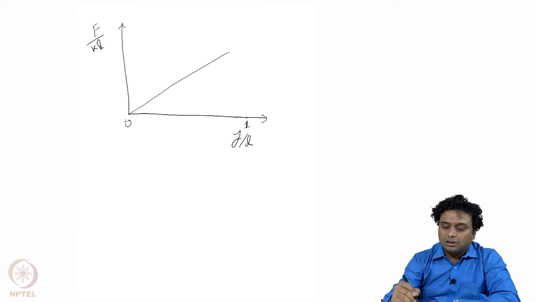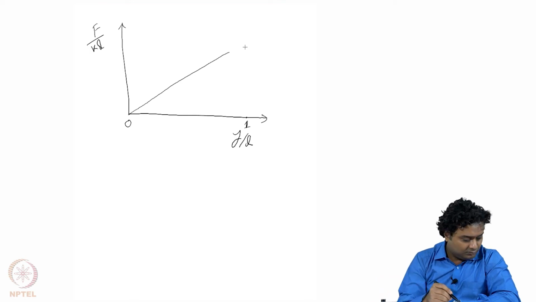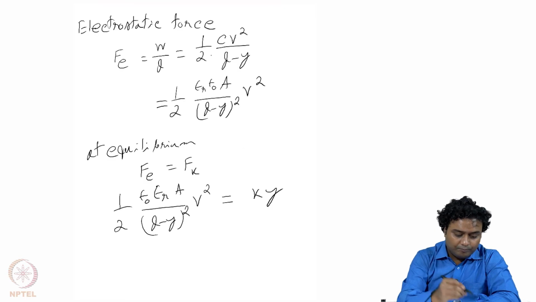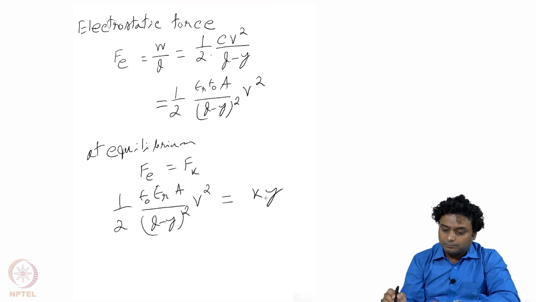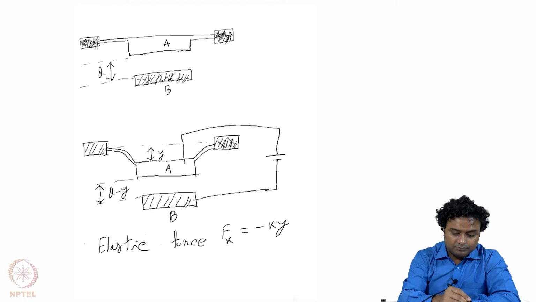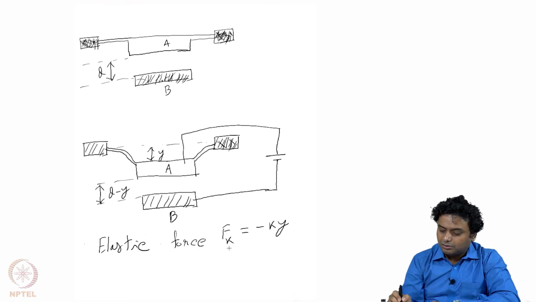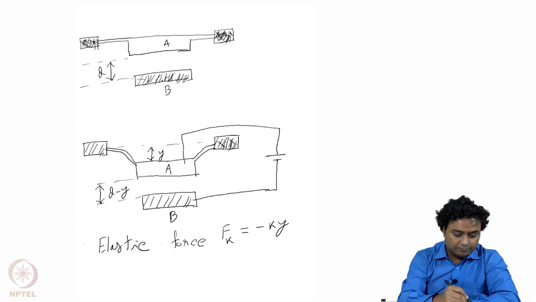We can draw this as the elastic force, and it will go through 0, 0, because the elastic force is F equal to minus ky. So at y equal to 0, F equal to 0, and this is directly related.